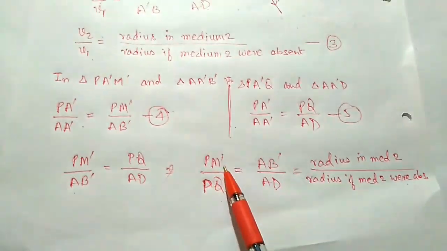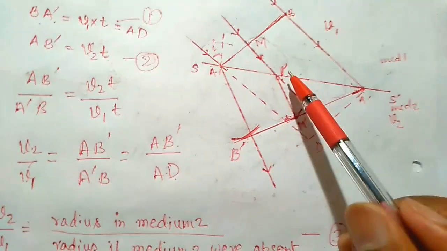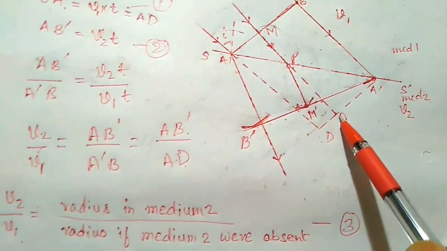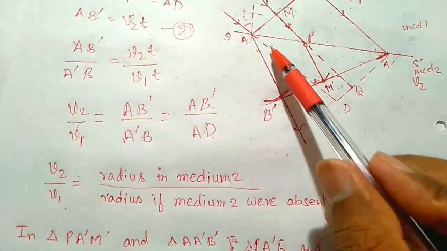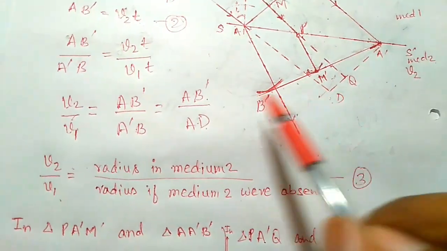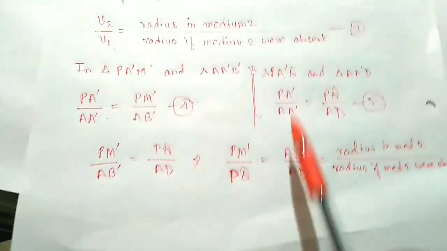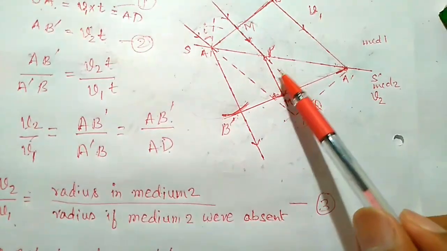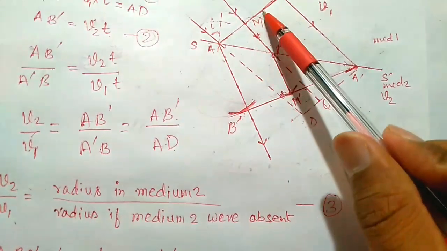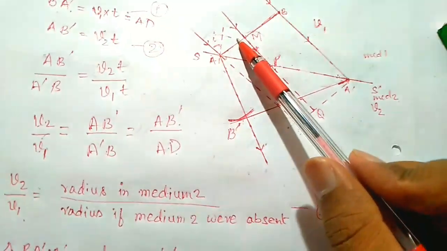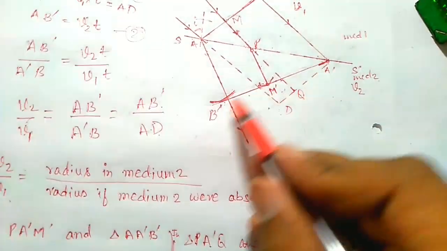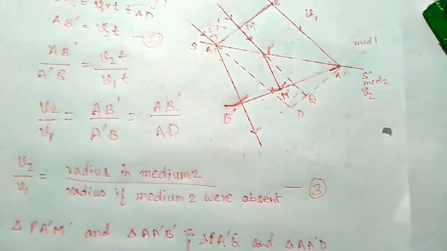This is coming for both the rays, this ray and this ray. In the same way we can consider any ray from A to B and we will get the same radius. This proves this is the common tangent for all these secondary wavelets.